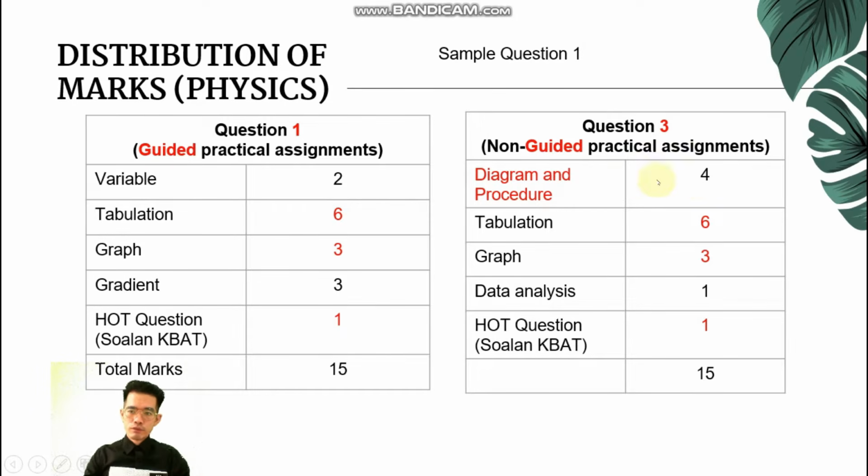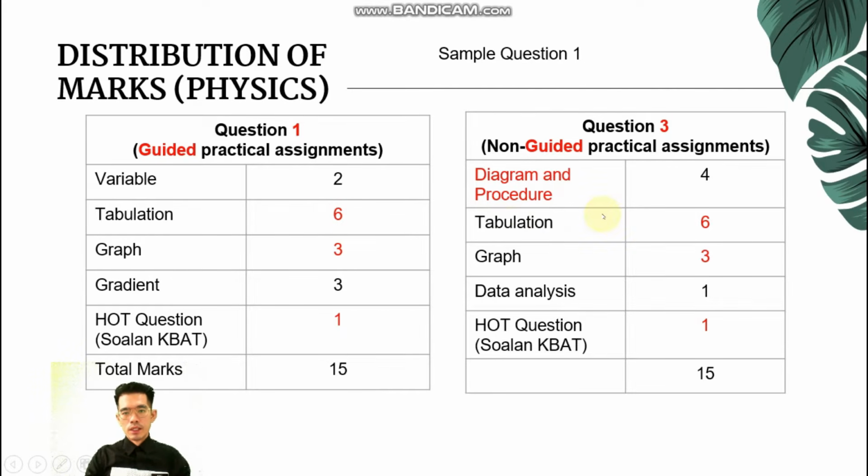The first 4 marks in the example question I am going to discuss with you will be regarding the diagram and procedure, so you have to draw the diagram and write the appropriate procedure for the experiment. And then the data you get by conducting the experiment will be tabulated, and then again you plot the graph.